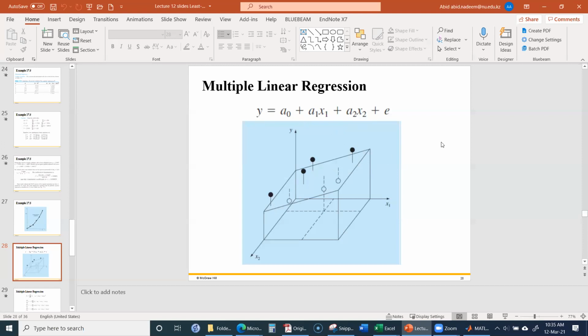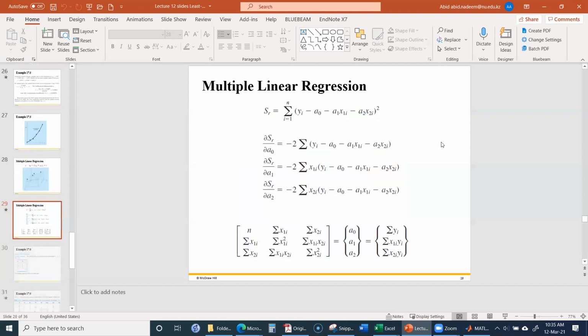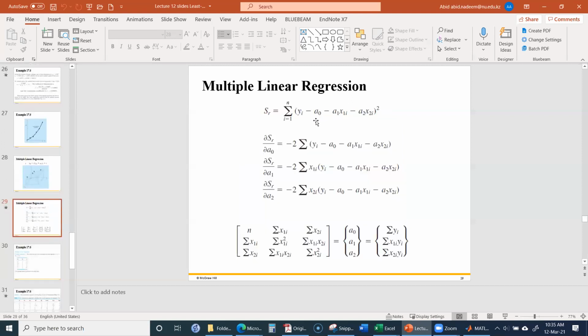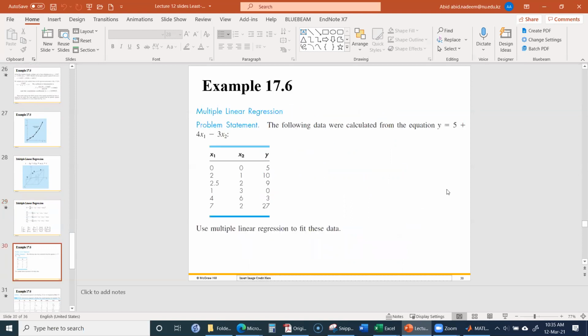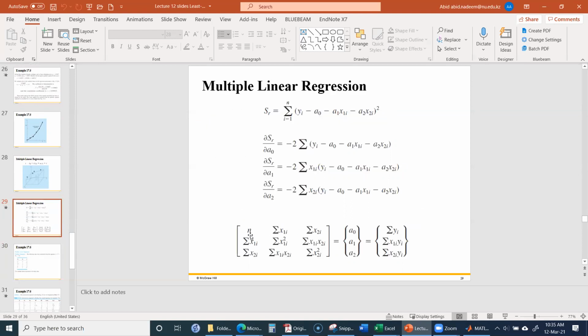By the same approach, using the sum of the square of the residual principle, we can formulate it, and the formulation becomes like this.